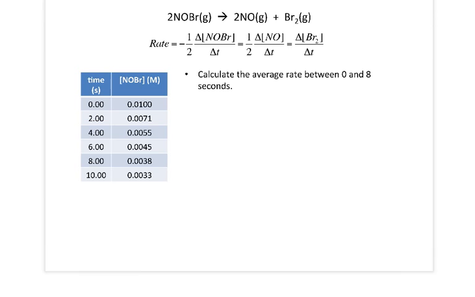All right, so I've rewritten the rate expression that we wrote down on the last slide. And now we're given some data about this reaction, and we're asked to calculate the average rate between 0 and 8 seconds. So obviously I'm going to use the NOBr part. So the rate is minus 1/2 times the change in NOBr with respect to time. So let's rewrite that.